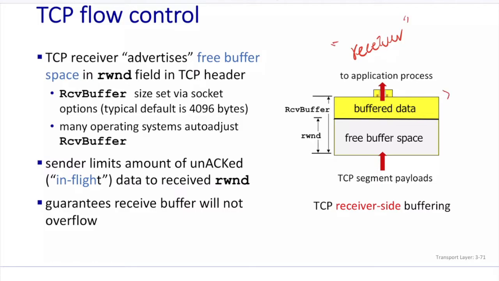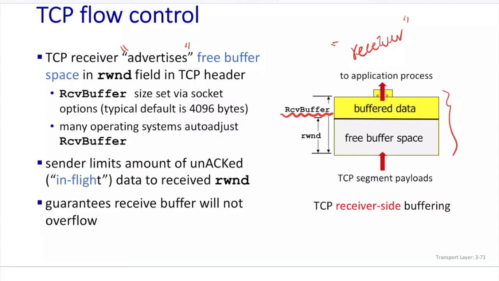When the sender and the receiver open a TCP connection, they have to exchange some information, right? At that moment, the receiver should tell, or we use the word advertise, what the free buffer space is. If we take a look at the right hand side, the yellow part is the buffer called the receiving buffer.